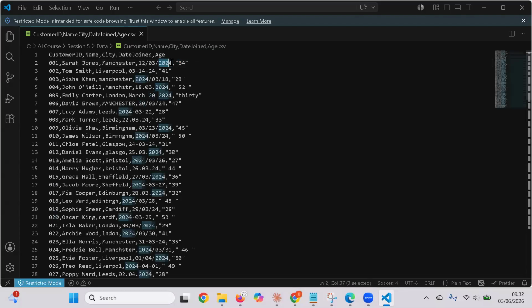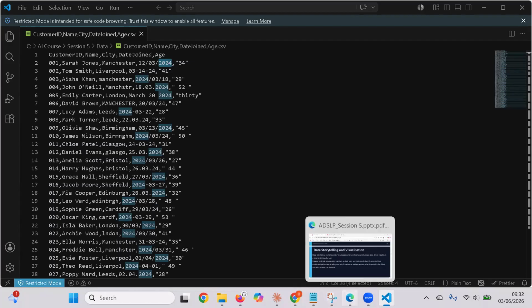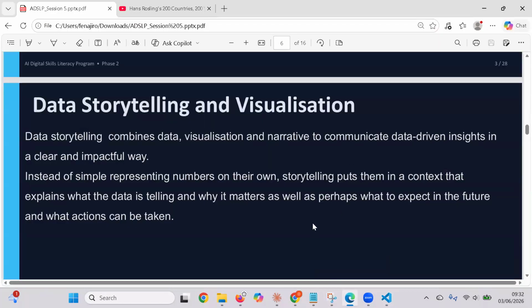Look at this: you can see 24 here, and it was written another way here, again 24. So it's not in order. This data is not well cleaned, which is part of what we will do. Now you can't tell how many sales were made in Manchester, meaning you can't tell a very good story out of this. How do we put all those together?